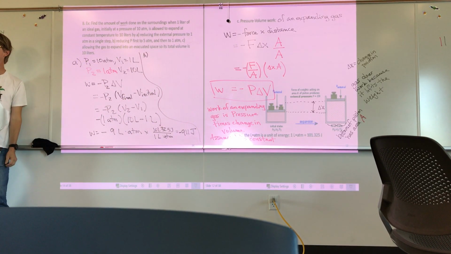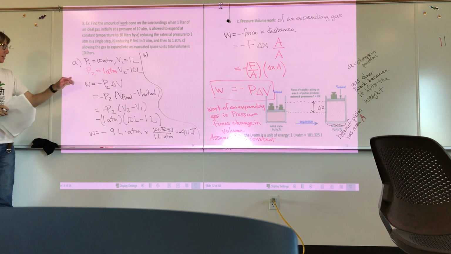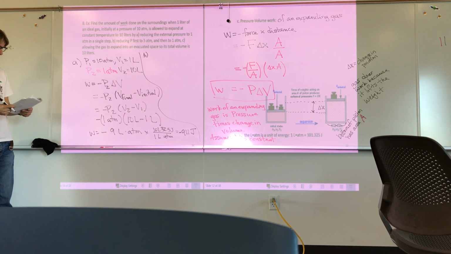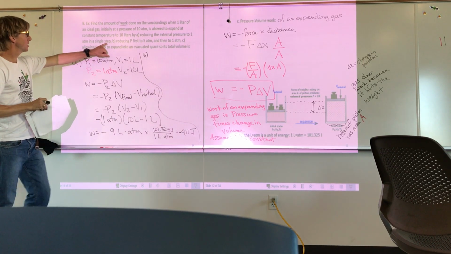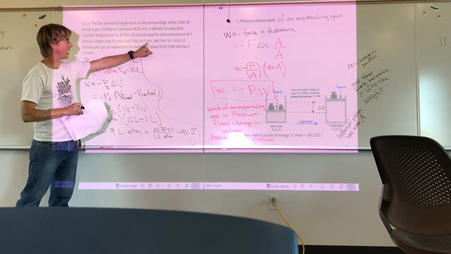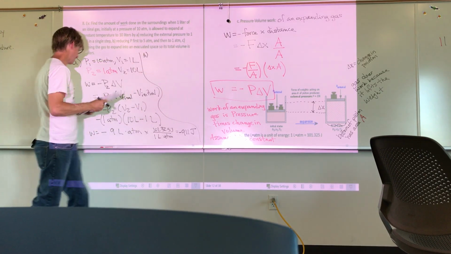For B, B will take up less space. B is going to be the two-step process. In B, we're going to take reducing P first to 5 atmospheres and then to 1 atmosphere.